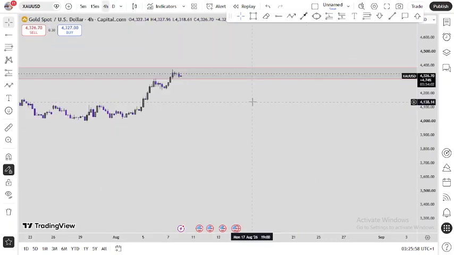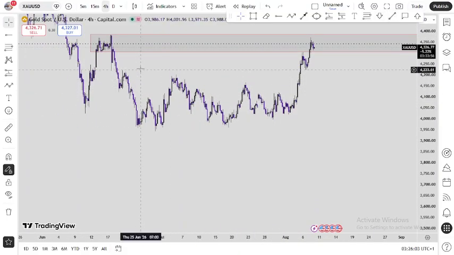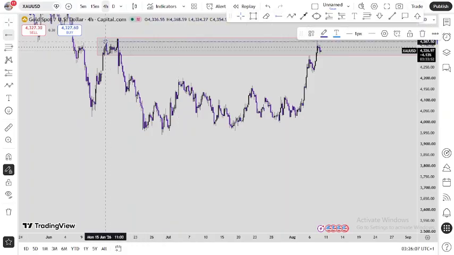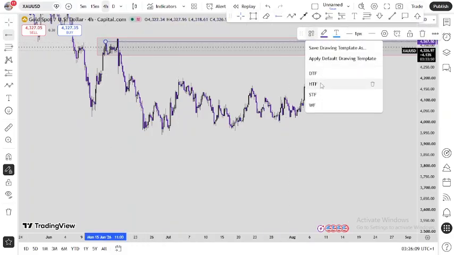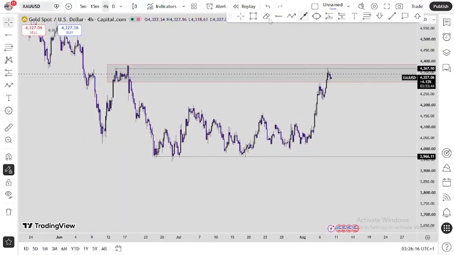How is it reflected on the 4H? So major area here on the 4H, major low here, and then we also have this supply area.